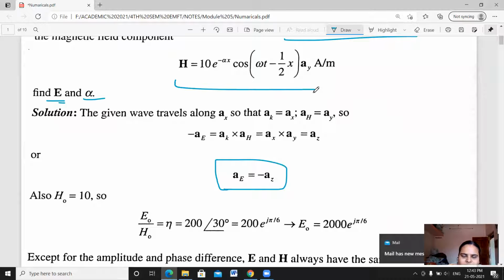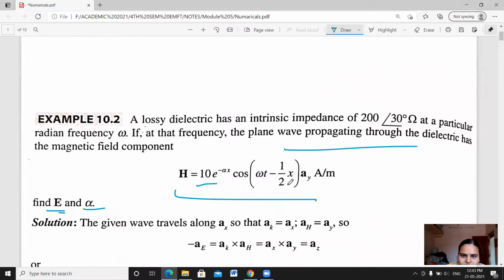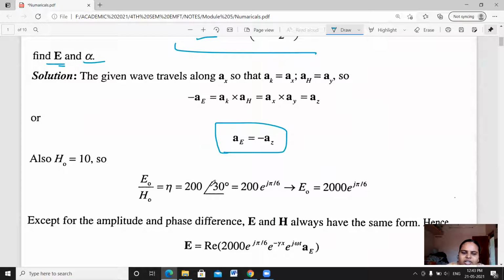from the equation, if we compare with the standard equation, H naught is equal to 10, because here the amplitude is 10 only. Therefore, E naught by H naught is nothing but eta, from the basic theory we already studied. That is eta, the given intrinsic impedance, 200 with an angle of 30 degrees, which I can write as 200 e raised to j pi by 6, since 30 degrees is pi by 6.